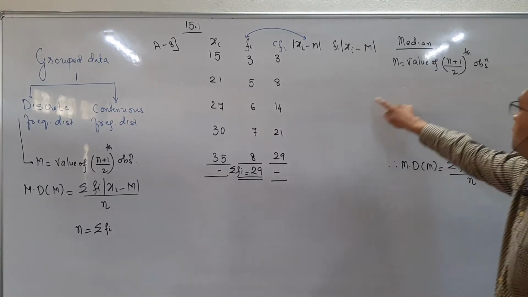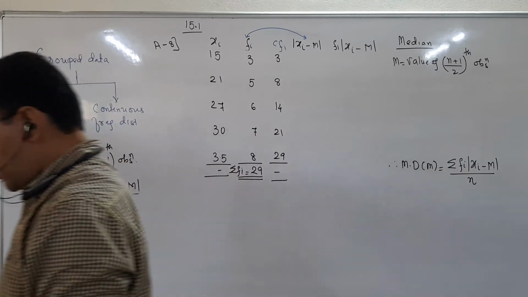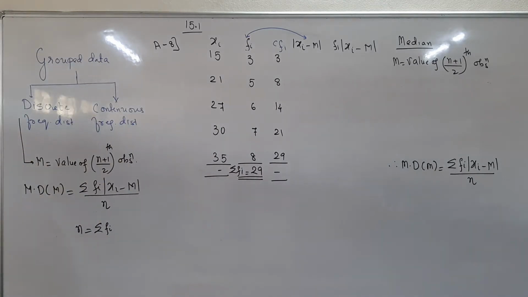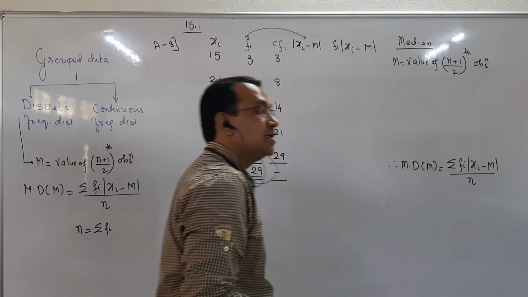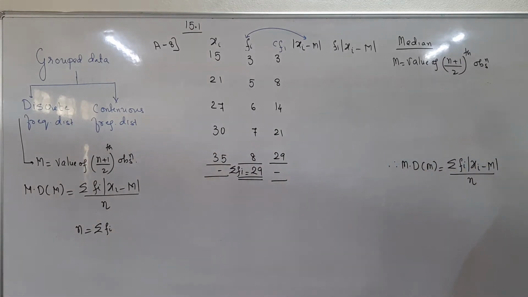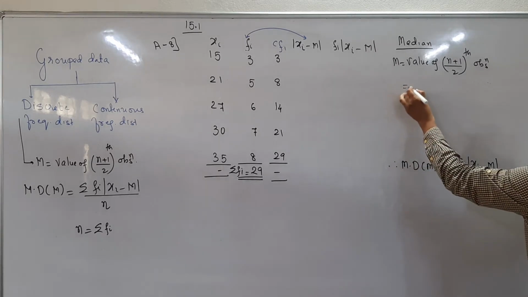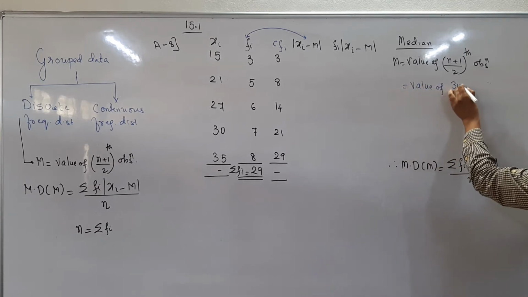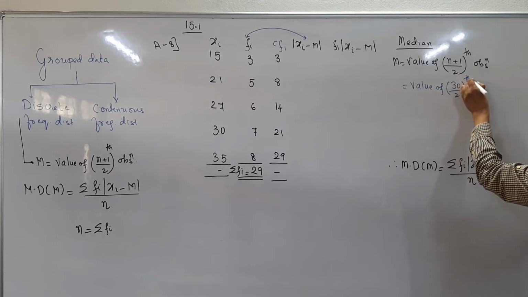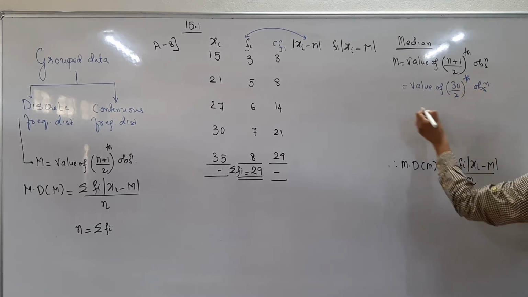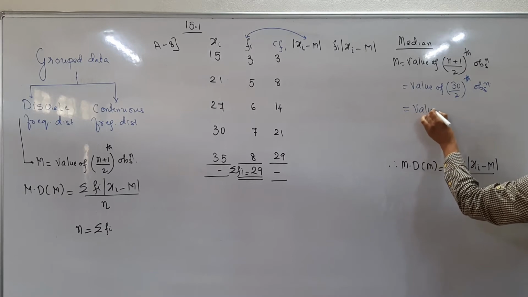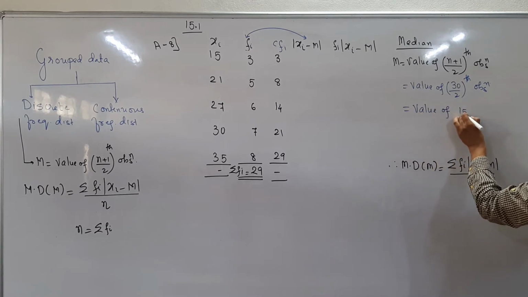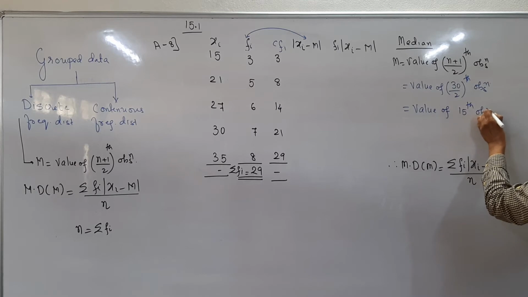Now, first of all, students, we have to find the median. Median M is equal to the value of (n plus 1) by 2, that is (29 plus 1) by 2, th observation. So this will be the value of the 15th observation.